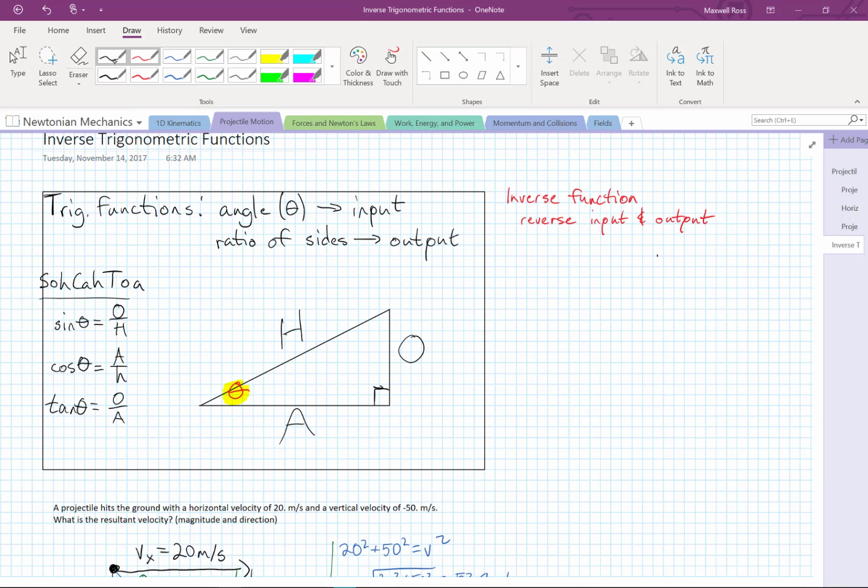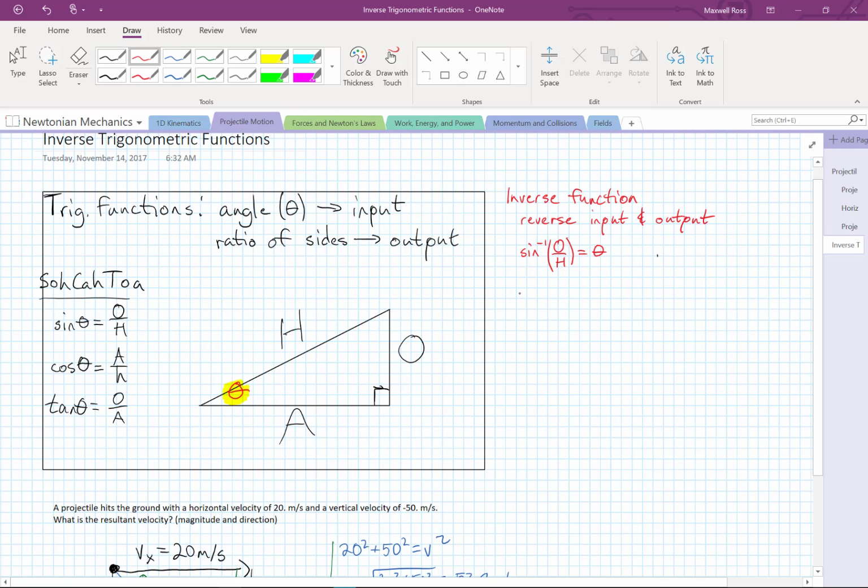And they're written in two different ways. Sometimes they're written as arc, sometimes they're written as inverse. But let's just write them down. Inverse sine of theta, which is written as sine minus 1, that's not an exponent, that just means inverse. Inverse sine of opposite over hypotenuse is equal to our angle theta.